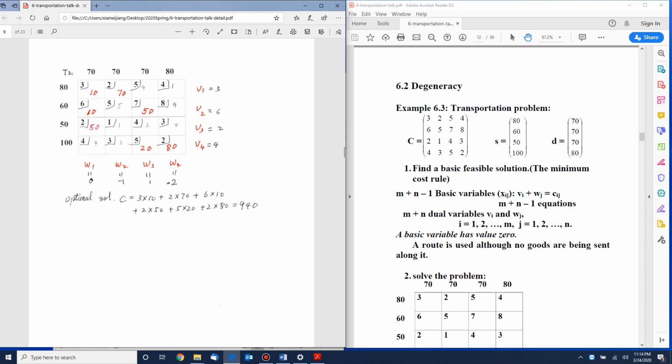So once we work out this, we just turn to the non-basic variables, x13, x14, right?